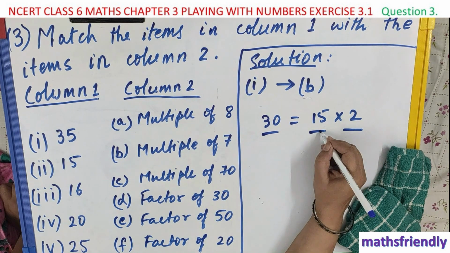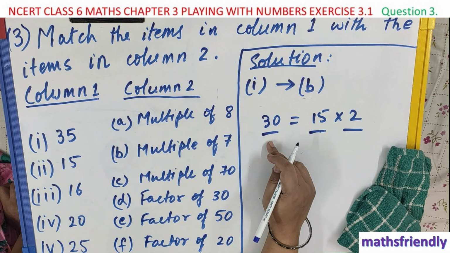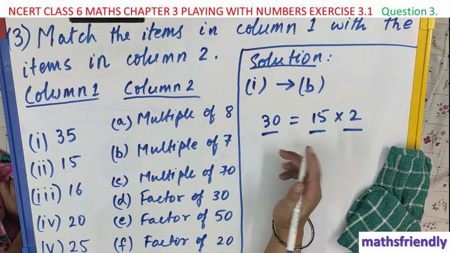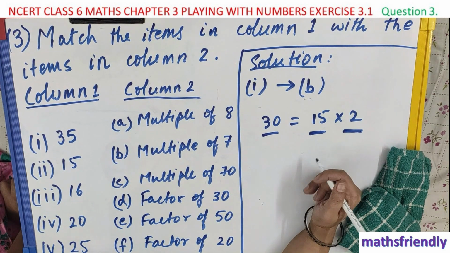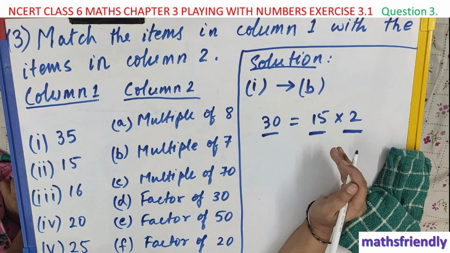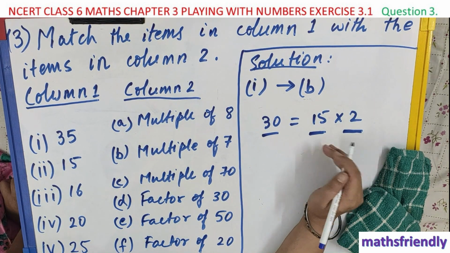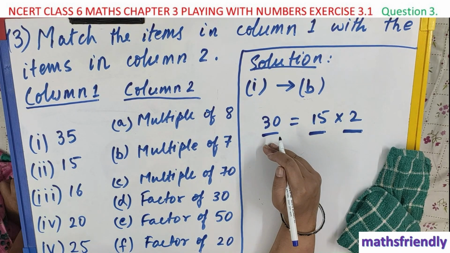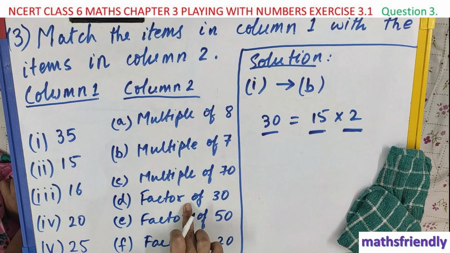It means 15 is a factor of 30. Understood? Other factors of 30 are also there, but we have seen that 30 can be expressed as 15 multiplied by 2. It means 15 and 2 are factors of 30. So 15 is a factor of 30.